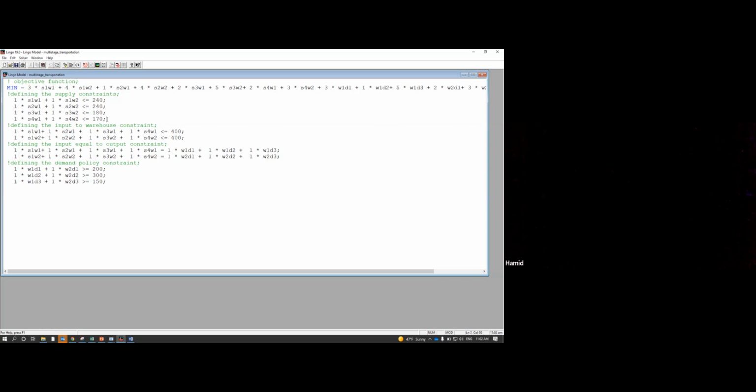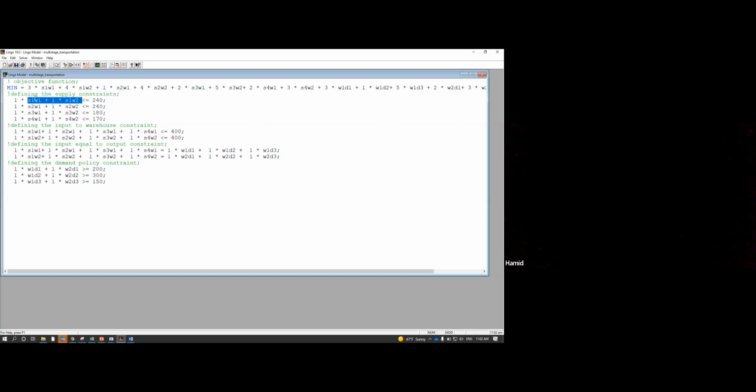So as you see, the first part is just how much I can supply or produce. So S1W1 plus S1W2 just means how many I can send from Orlando to the first warehouse, which is Denver, and how much I can send from the first supply point to W2, which is Springfield.